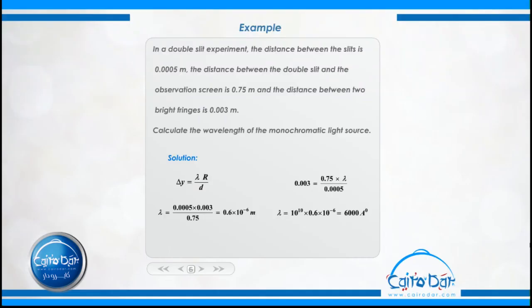Example: in a double slit experiment, the distance between the slits is 0.0005 meter. The distance between the double slit and the observation screen is 0.75, and the distance between the two bright fringes is 0.003 meter. Calculate the wavelength of the monochromatic light source.